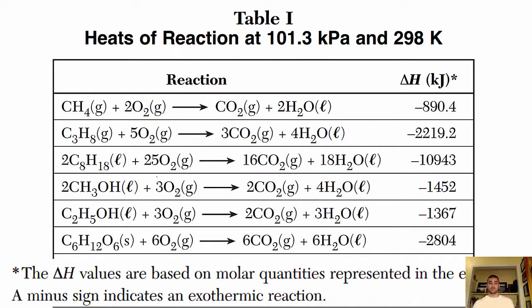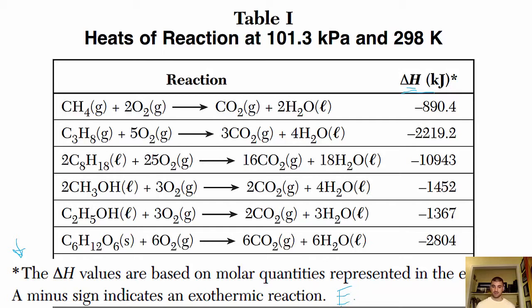Now, table I has a bunch of different chemical reactions, and it lists the delta H for each of these reactions right here. Right, it says delta H, what it is, and if you look at the very bottom, you may forget which one's endothermic, which one's exothermic. I don't remember. At the very bottom of that table, it tells you. It says the delta H values are based on molar quantities represented in equations. A minus sign indicates exothermic.